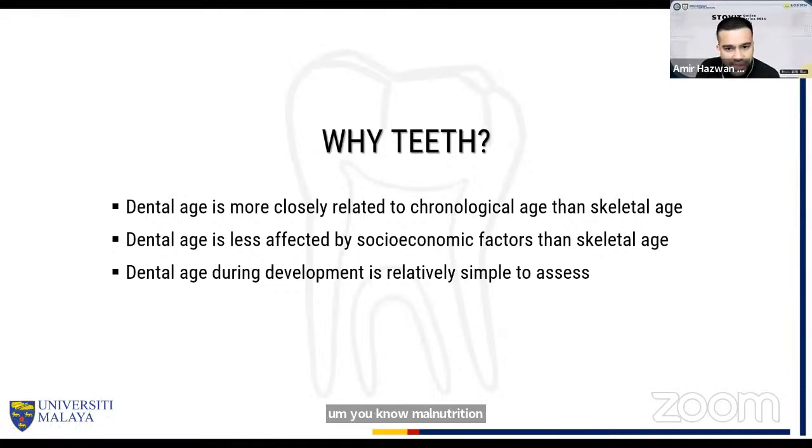For example, for people in poor countries, where malnutrition is rampant, maybe their skeletal development slowed down more than the dental development. So it's less influenced by other factors.